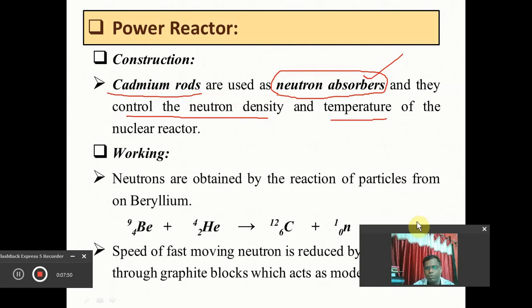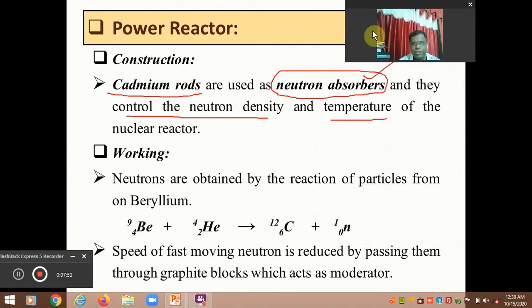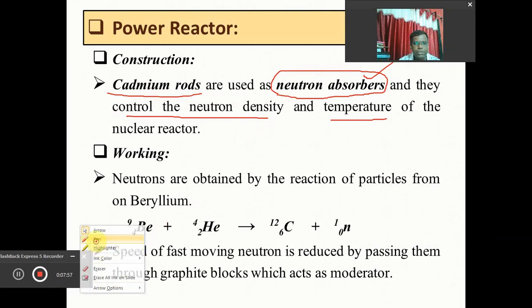If we discuss the working of the same nuclear reactor, then you will come to know that this power reactor works in the same way as the nuclear reactor.